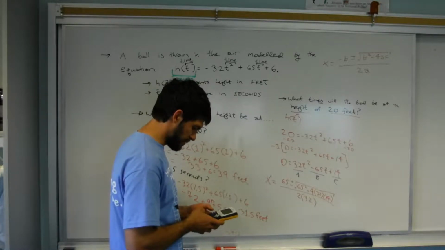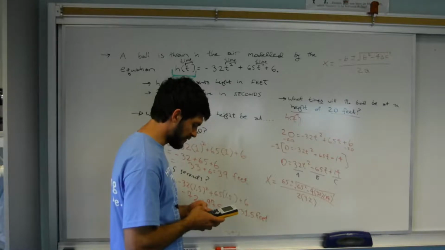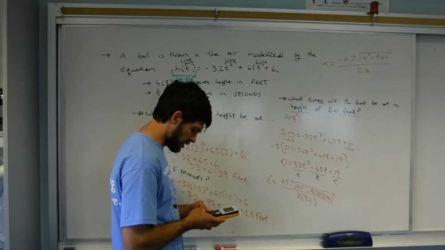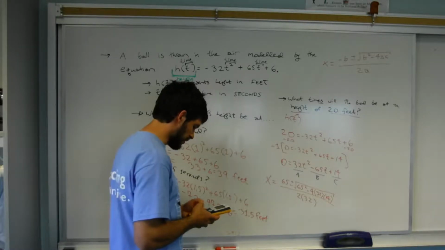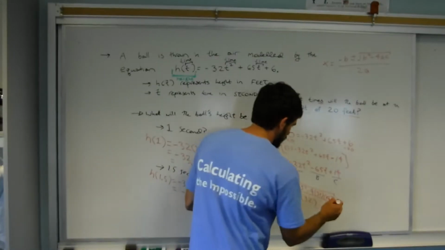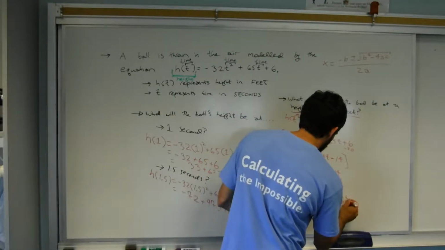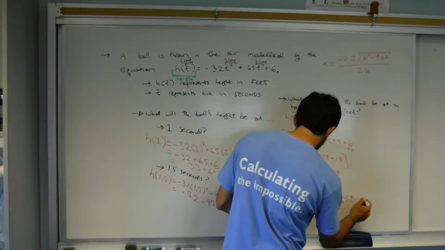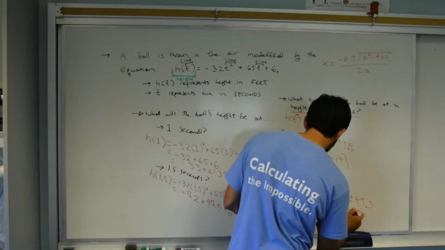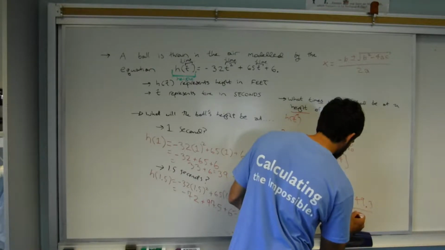We get 65 squared minus 4 times 32 times 14, take the square root, and that's going to be equal to 49.3. This is going to be equal to 65 plus or minus 49.3, all divided by 64.